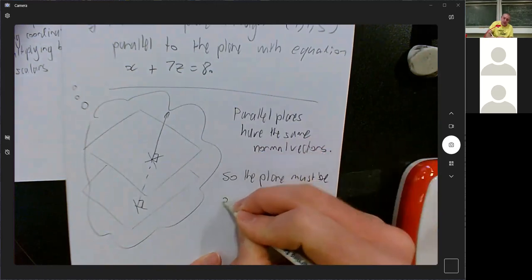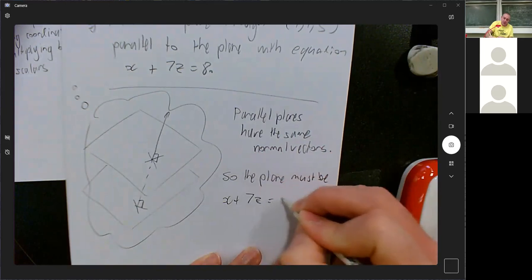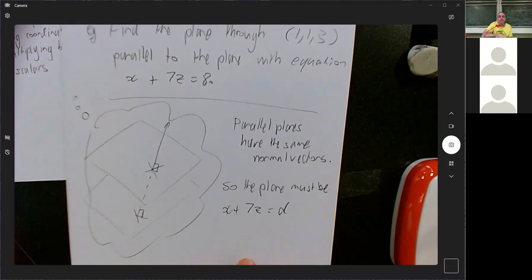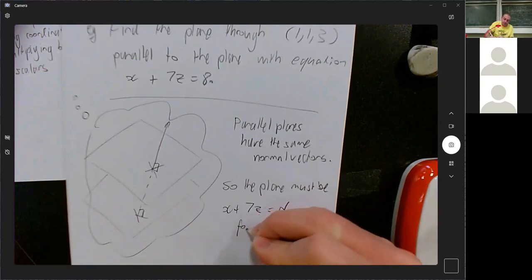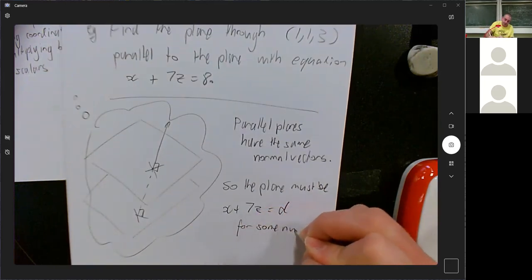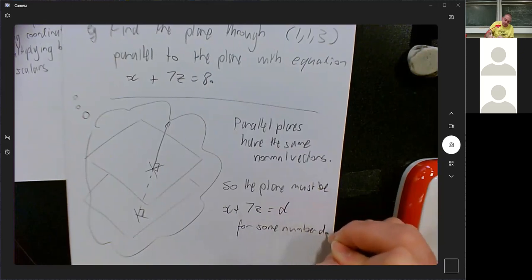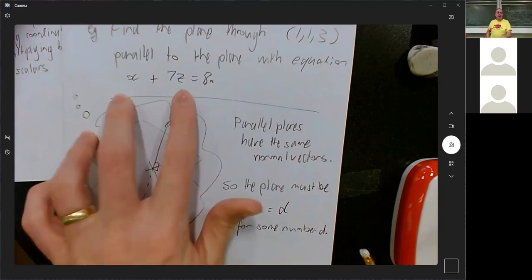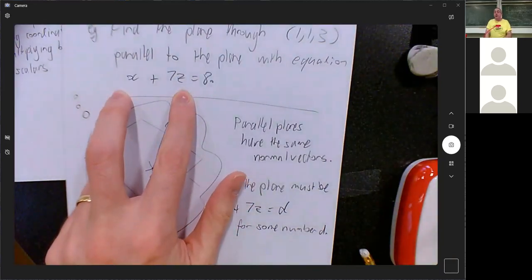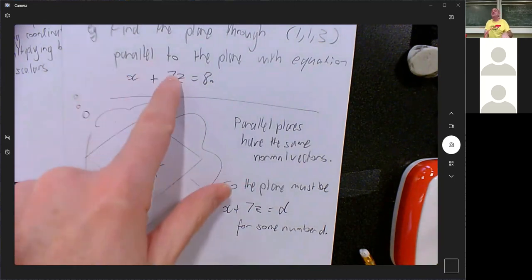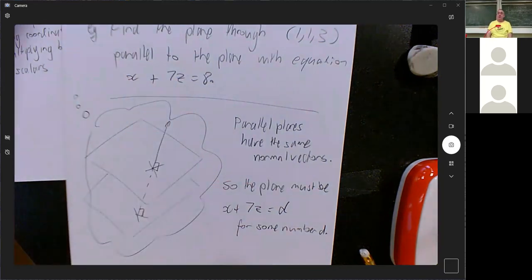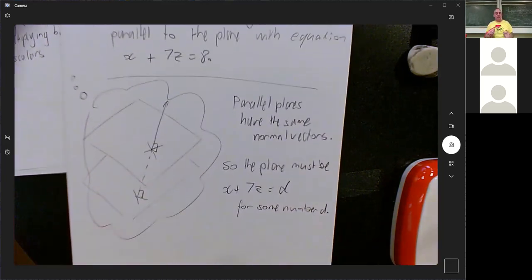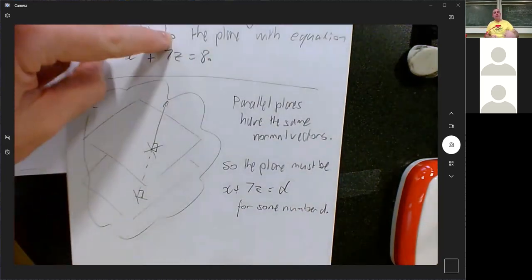So the plane must be x plus 7z equals d, for some other number d. If you want a plane that's parallel to another plane, this bit has to be the same, or at least a multiple of each other. It would work perfectly well if it was 2x plus 14z equals something. That would work too. It just has to be a multiple. So if this bit's the same, then they are parallel.